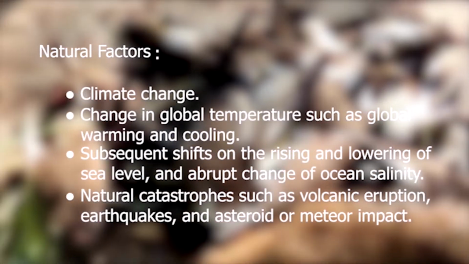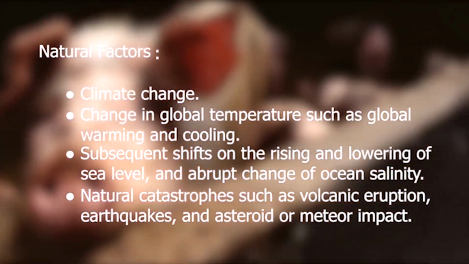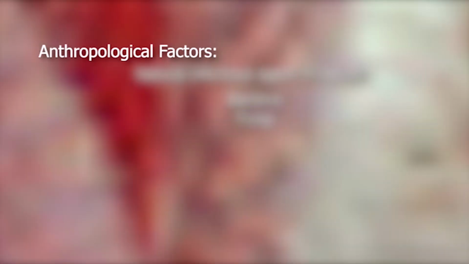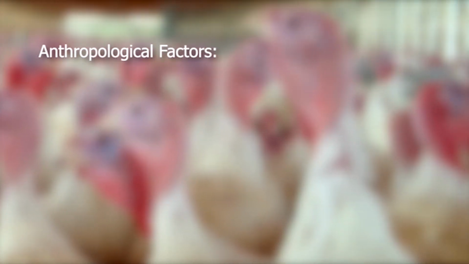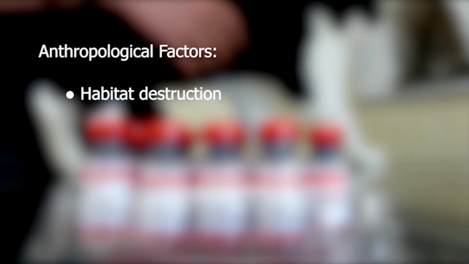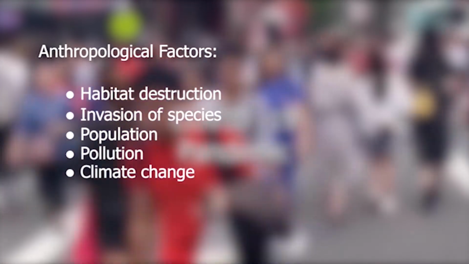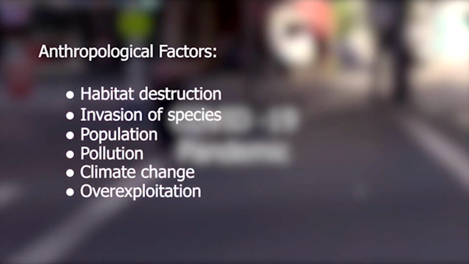Natural catastrophes such as volcanic eruption, earthquakes, and asteroid or meteor impact. Anthropological factors are human interference factors. It is summarized as the acronym HIPPO: habitat destruction, invasion of species, population, pollution, climate change, and overexploitation.